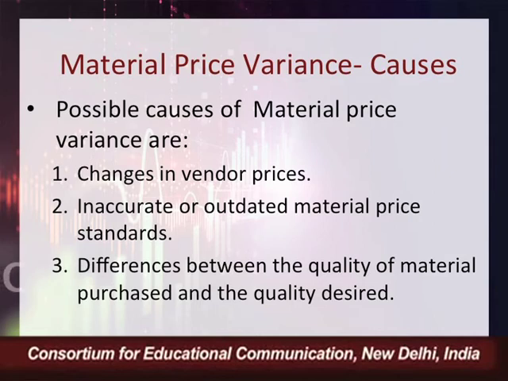Moving ahead, another reason for price variances can be inaccurate or outdated material price standards. It might be possible that your standard for material price is outdated. Whatever standard we are using, either it is inaccurate or it is outdated.